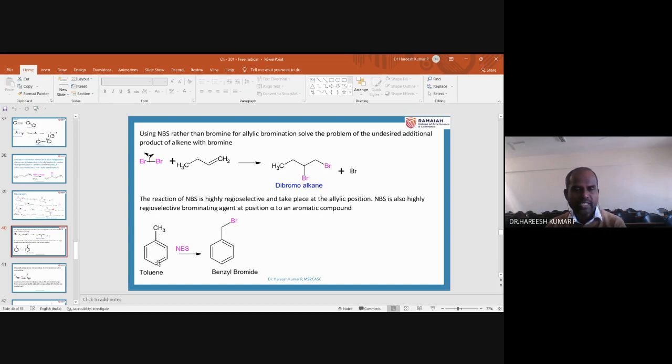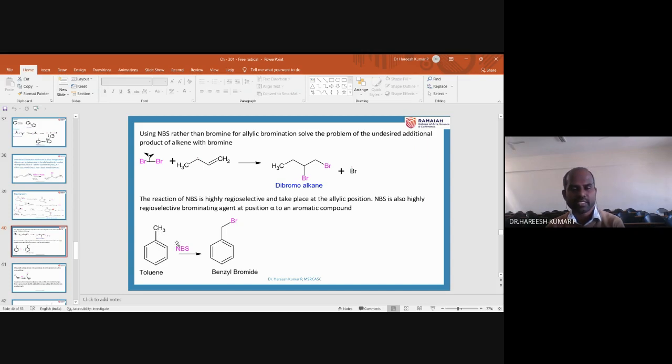So what it means is, when NBS is treated with toluene, the bromine does not add to the aromatic moiety, but it will add to the side chain. What is the side chain? The methyl group. It's a benzylic carbon. The proton attached to the methyl group on the benzene is called a benzylic proton.